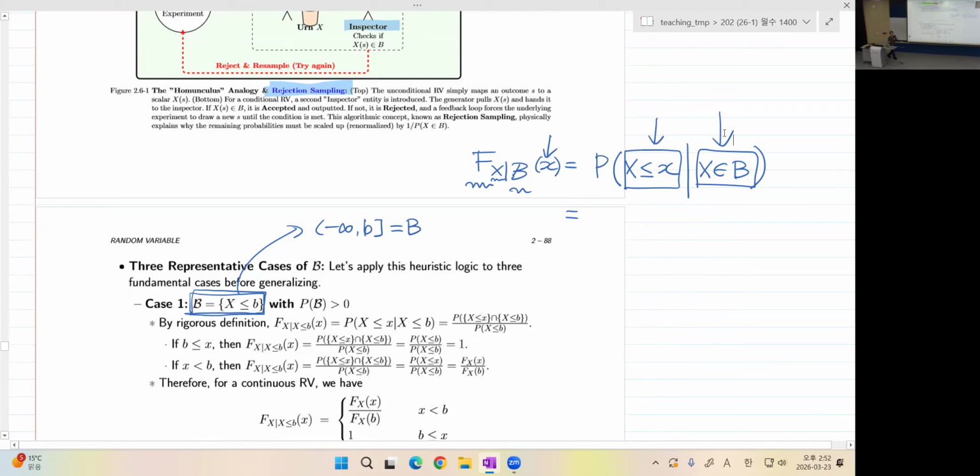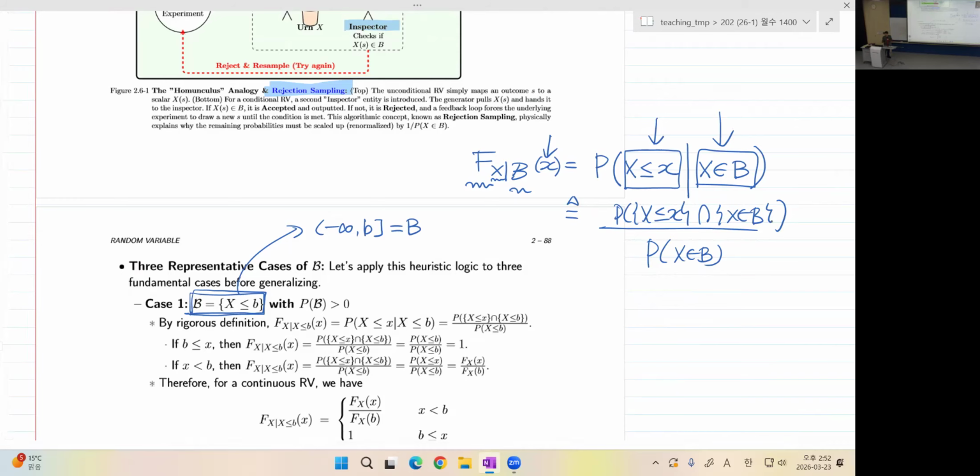And we know how to compute it already. What is the definition? We defined this conditional probability in that way. Right? This is the definition of conditional probability. Now, how can we simplify this one?